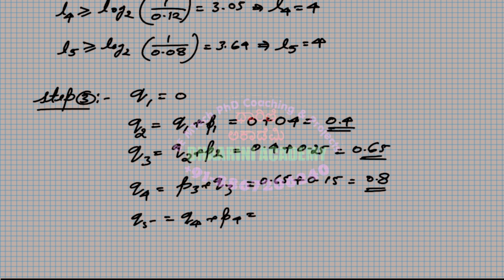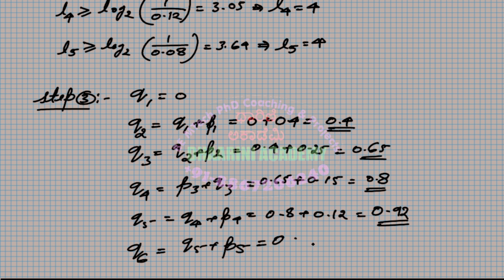So we know that the Q4 value is 0.8, plus 0.12 is the next probability. So this is 0.92. So Q6, this is the last one, that is Q5 plus P5. So 0.92 plus 0.08 gives you 1. So yes, calculation looks fine for us.